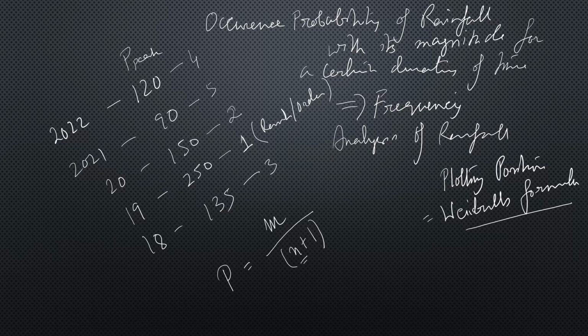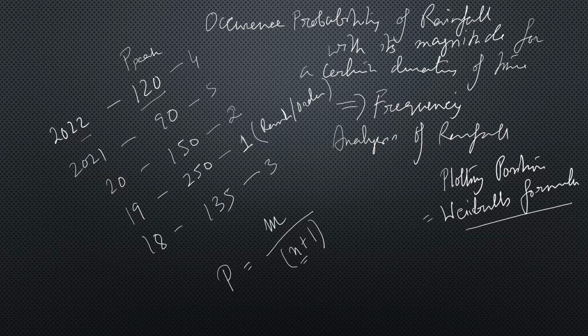In our case it is 5, plus 1. Suppose I want to find the plotting position or probability of the rainfall having magnitude 120 in this data set, that is the peak rainfall of 2022.